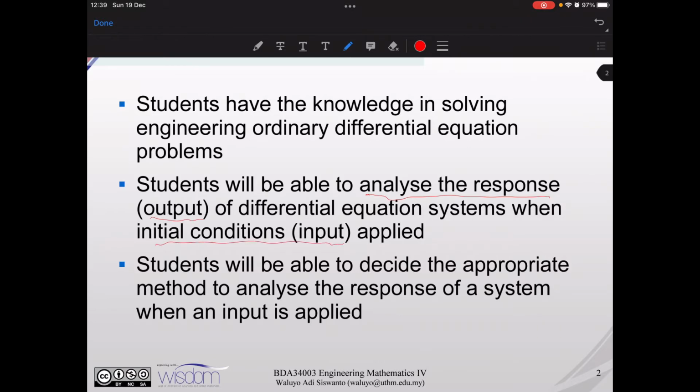For example, let's say we have a vibration system and I apply 5 meter per second velocity, so the spring will start, the mass will start to vibrate, and we want to know what would happen to the system after a certain time, for example after 5 seconds.